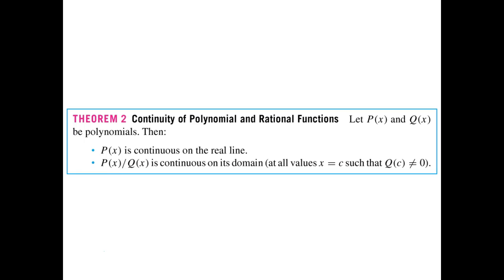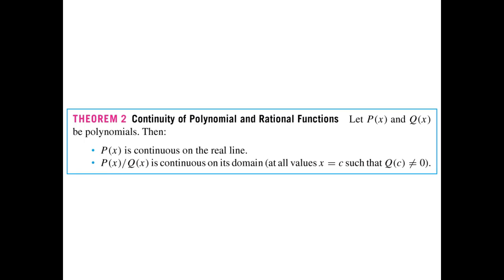They snuck something in on you. What is the domain of a rational function? Everywhere that the denominator is not equal to 0. All the values x equals c, as long as Q of c, the denominator, is not equal to 0.